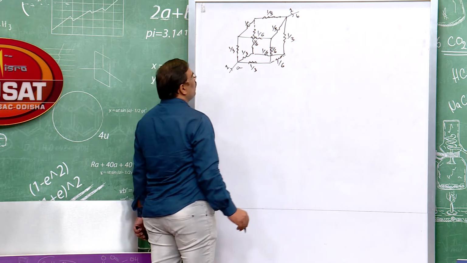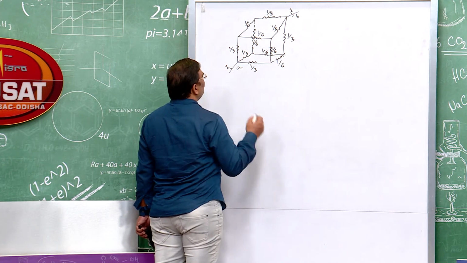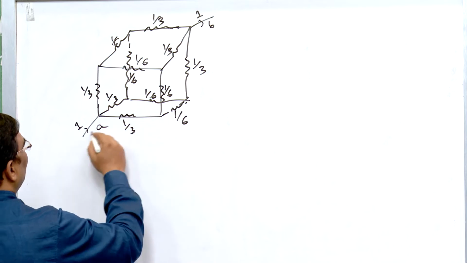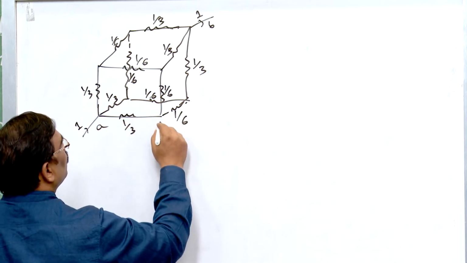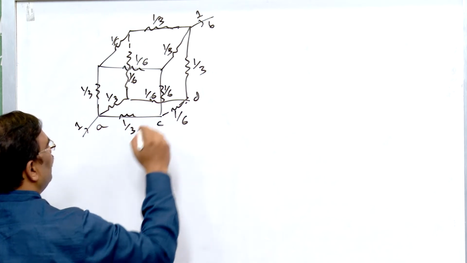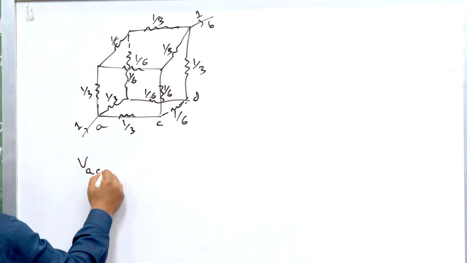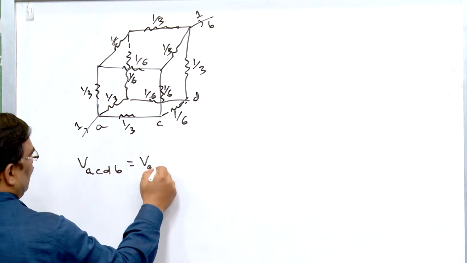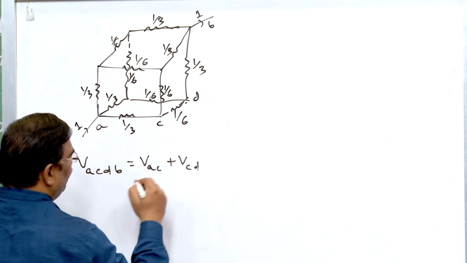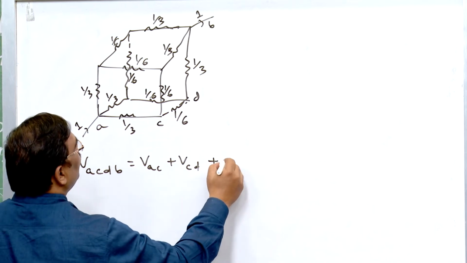So, therefore, what we see is if I go from A to B, suppose this is A C D B. So, V ACDB is V AC plus V CD plus V DB.